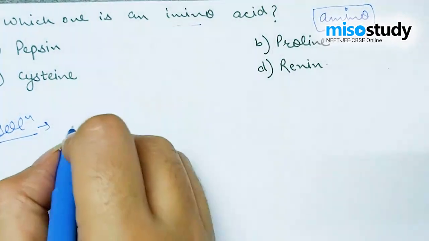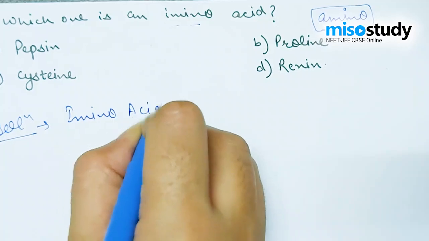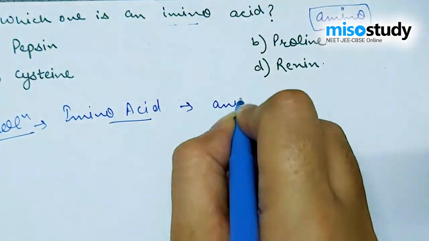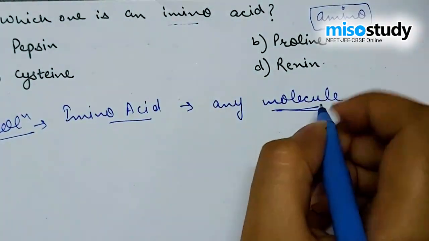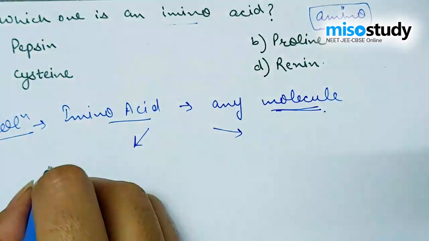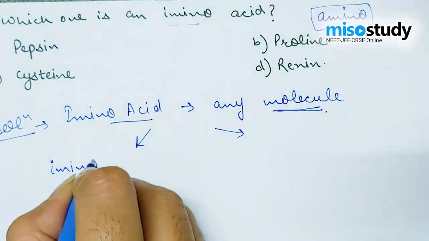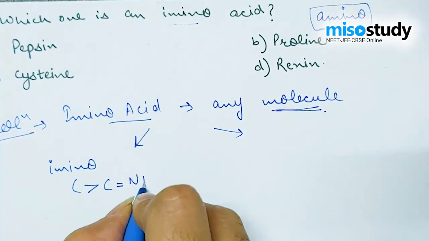When we discuss an amino acid, it is any molecule that contains both groups. First is the amino group, which includes C double bond NH.